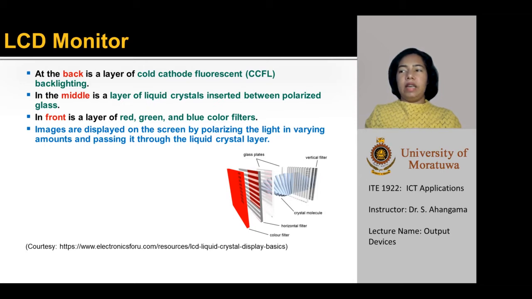When the external light passes through one of the polarized glasses, an electric current is generated on the liquid crystal molecules. They align themselves in such a way that polarized light travels from the first layer to the second polarized glass, causing an image to appear on the screen.